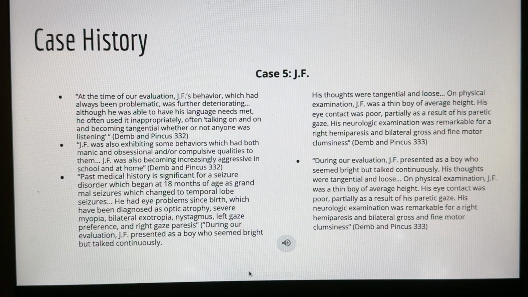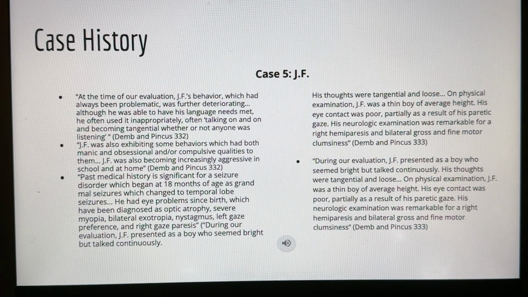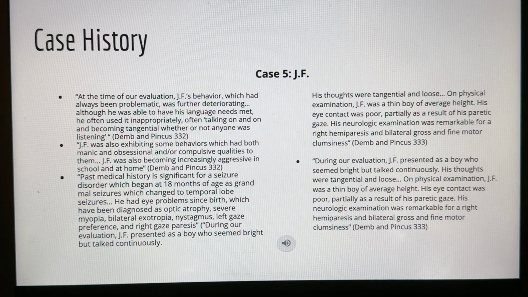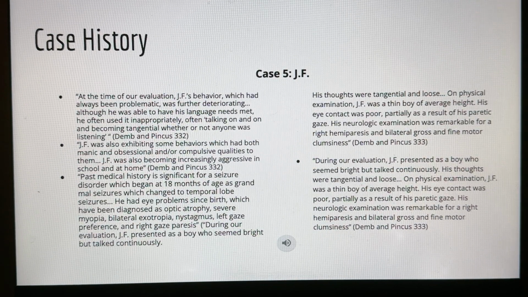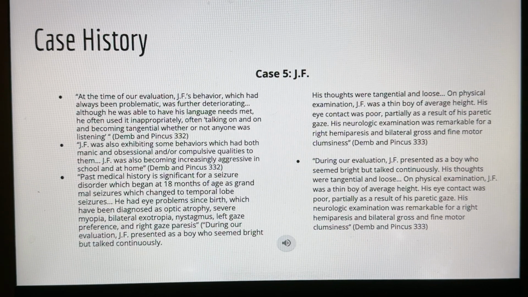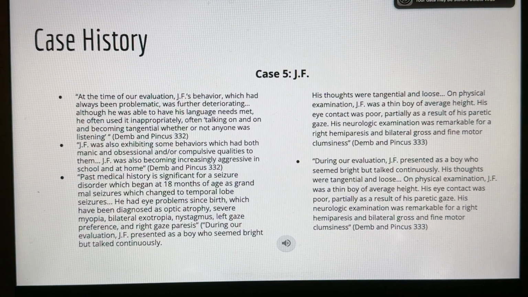Case 5, JF. At the time of our evaluation, JF's behavior, which had always been problematic, was further deteriorating. Although he was able to have his language needs met, he often used it inappropriately, often talking on and becoming tangential whether or not anyone was listening. JF was also exhibiting some behaviors which had both manic and obsessional and compulsive qualities to them.